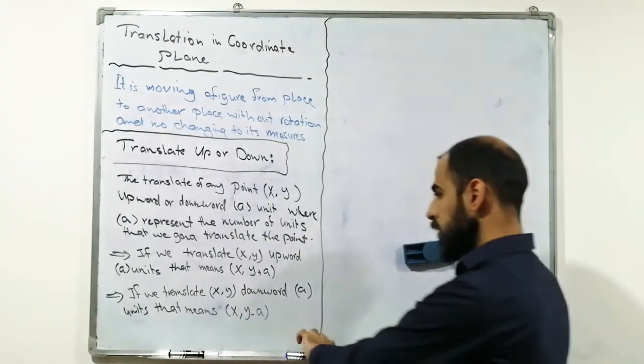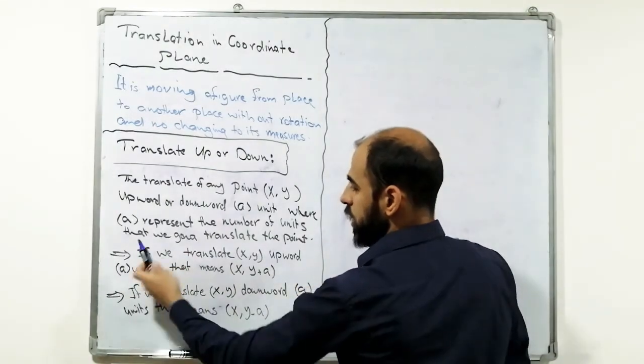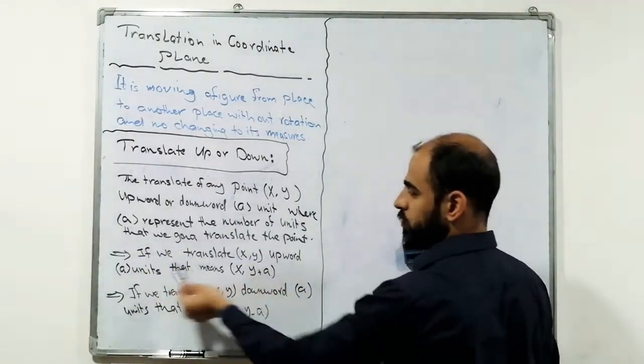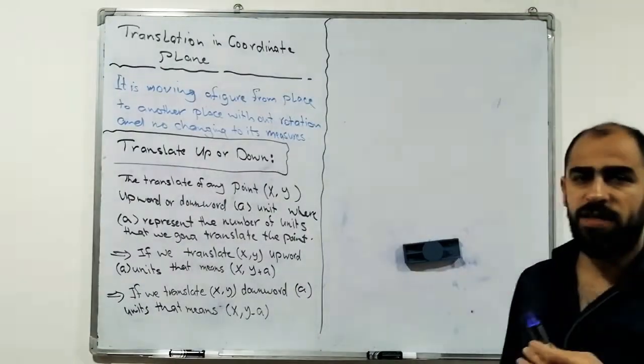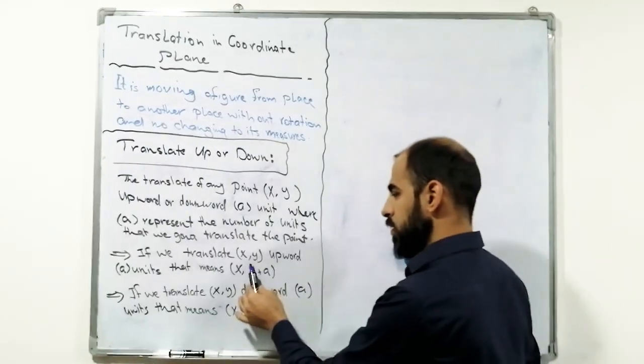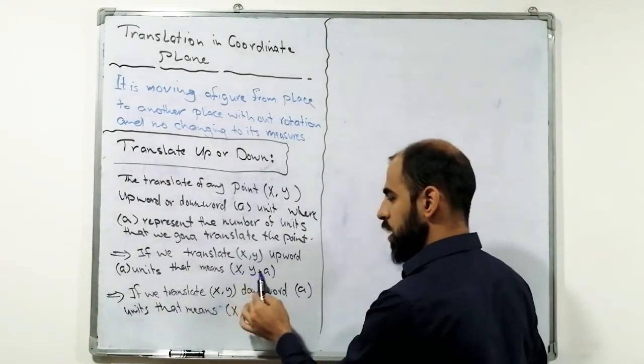نطرح لبعض عدد الوحدات. As we say, if we translate (x, y) a unit upward, then since upward is to the positive side of y, that means (x, y plus a).